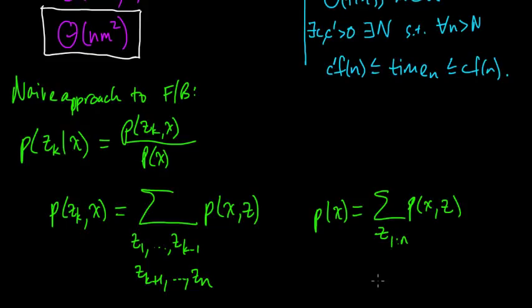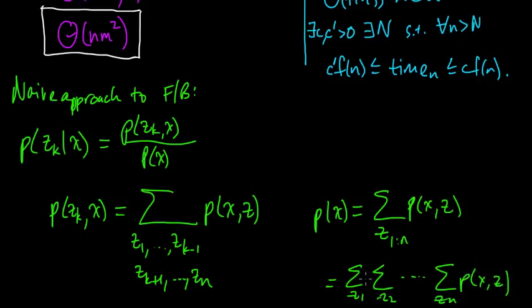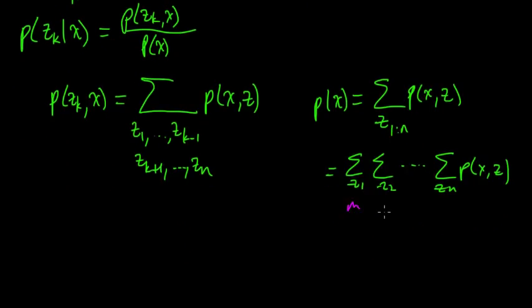This is n nested sums, z1, z2, zn. And each of these sums is a sum over m things, m things in each of these sums. So it takes m to the n.